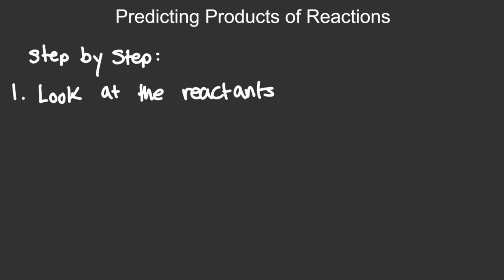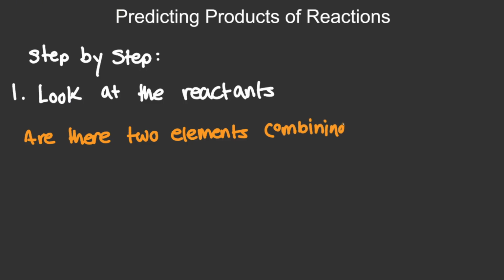The first one is, are there two elements combining? I'm sure everybody should know what that means: it's a synthesis or formation reaction when two elements are combining, okay? So if it is, we already outlined our reaction equation and the reaction that we're actually using.